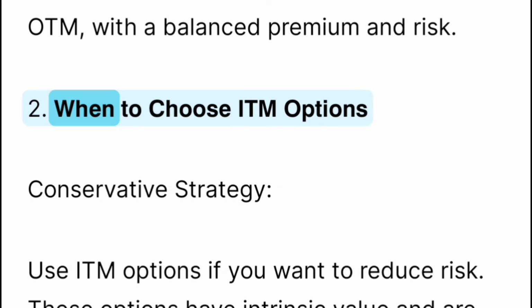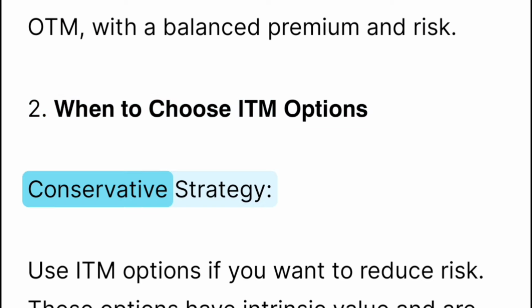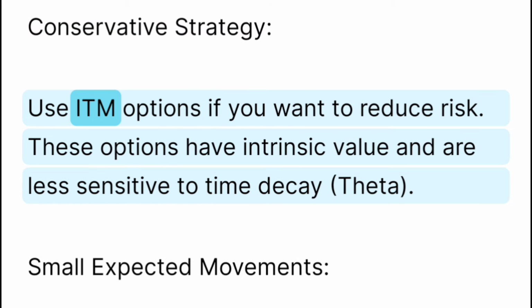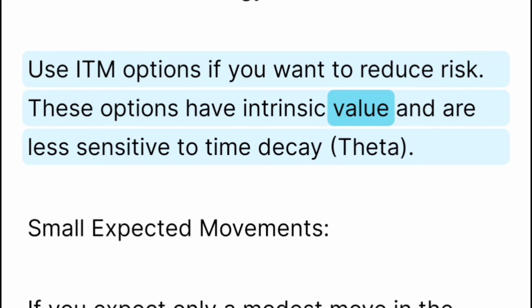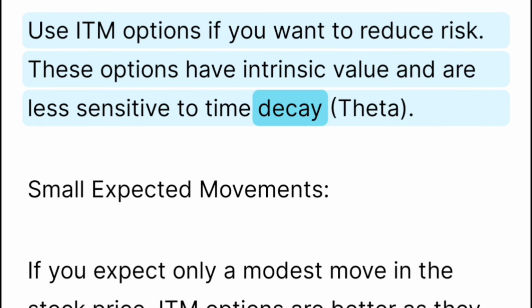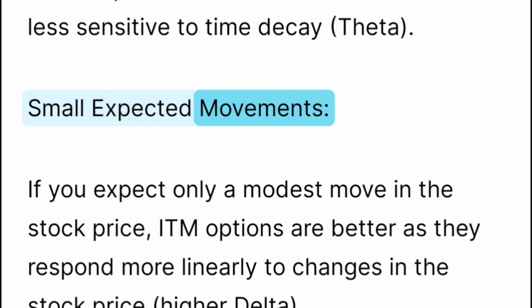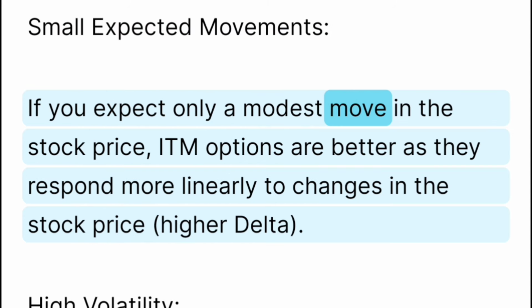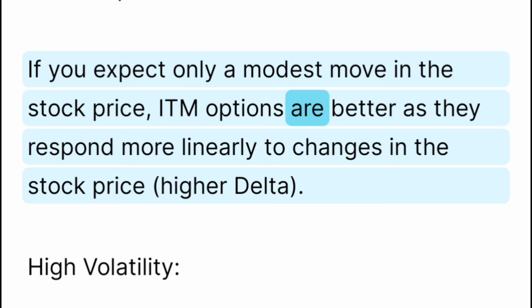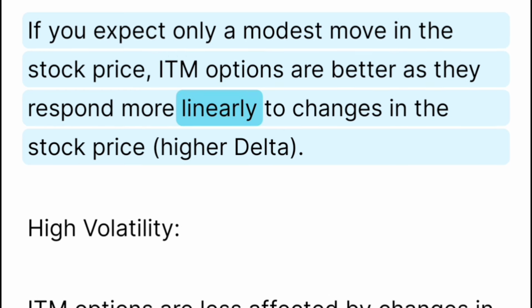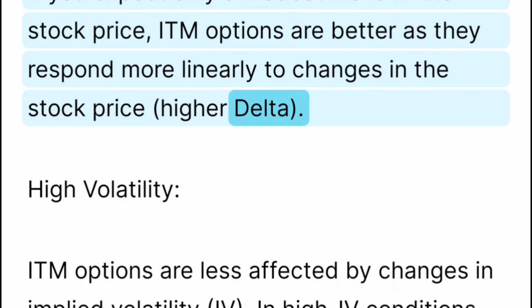2. When to choose ITM options. Conservative strategy: use ITM options if you want to reduce risk. These options have intrinsic value and are less sensitive to time decay, theta. Small expected movements: if you expect only a modest move in the stock price, ITM options are better as they respond more linearly to changes in the stock price, higher delta.